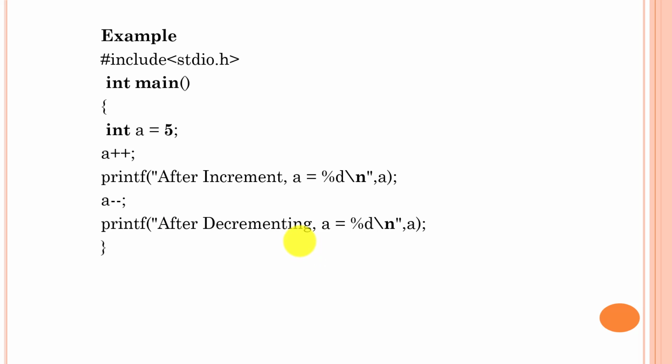Now let's consider one more example for practice. Now inside main a is equal to 5, a plus plus, printf after increment a becomes %d a, you have to print the result, a minus minus, that is post decrement, and after decrementing the value of a.